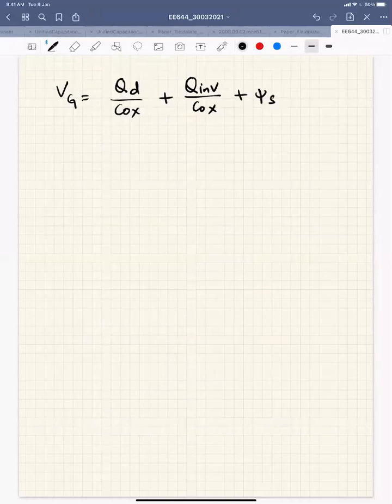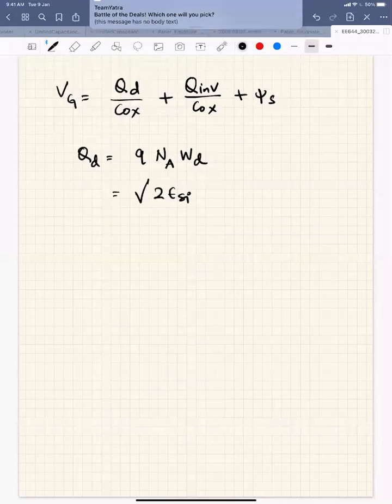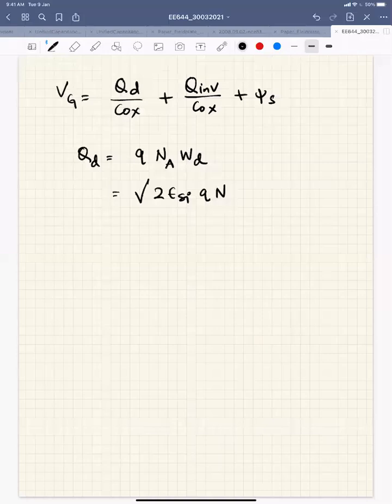We know what Qd is. We derived it already in the last class. We could write this as root over 2 epsilon Si q Na psi s, right?